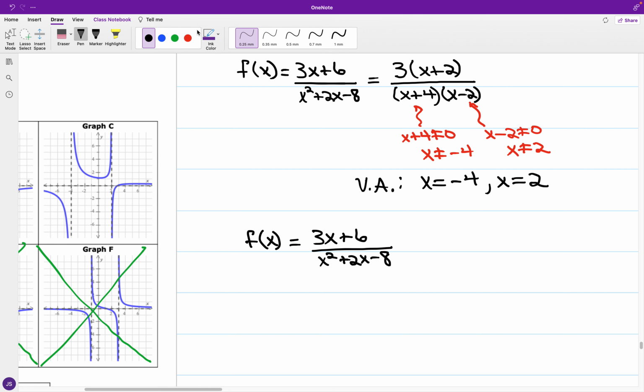Now for degree comparisons, for the numerator, from x, we have n equal to 1. From the denominator, we have x squared, so m is equal to 2. N is at 1, m is at 2, so n is less than m.